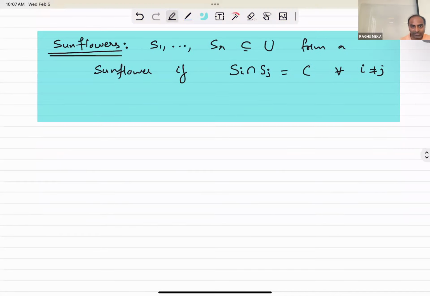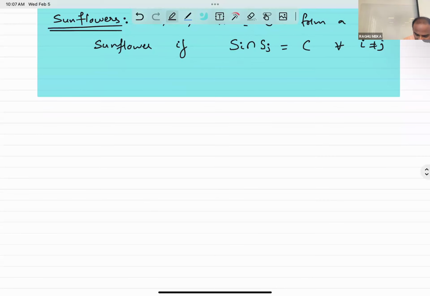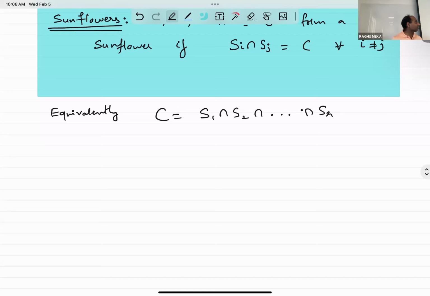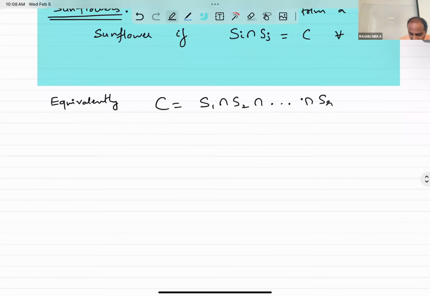Okay, so equivalently, you can also say, this is also helpful to think about. If you let C be the common intersection of all of the sets, then once I remove this common intersection, there's nothing left in the intersection.